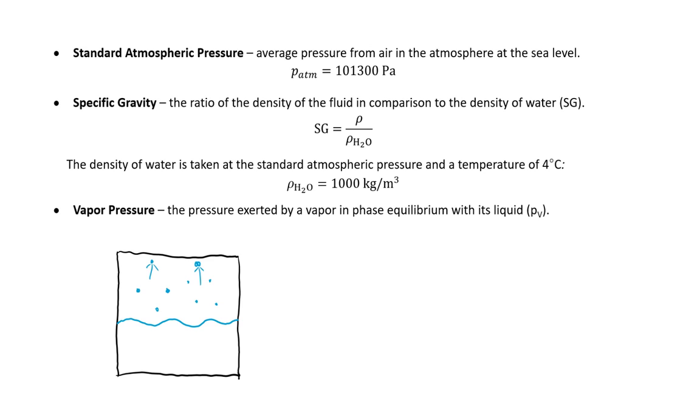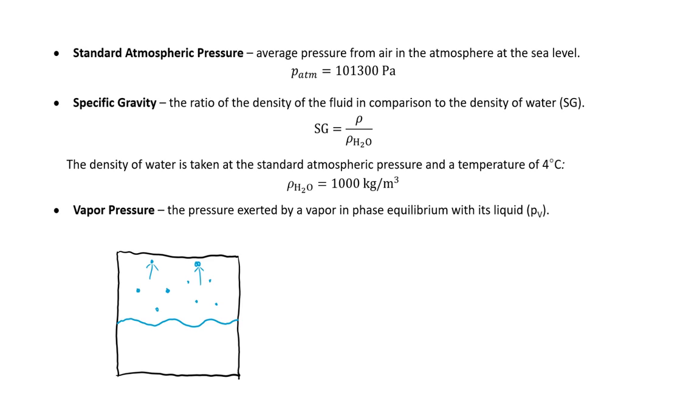So the density of water is typically taken at standard atmospheric pressure and a temperature of 4 degrees Celsius. Under these conditions, the density of water is typically around 1,000 kilograms per meter cubed. This parameter is also called relative density, and it gives you information on the density of a fluid.